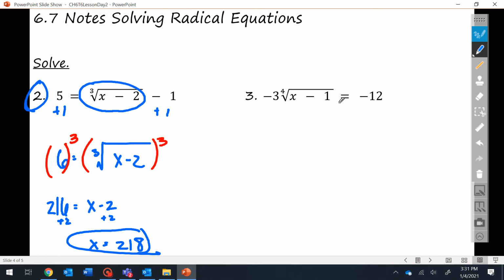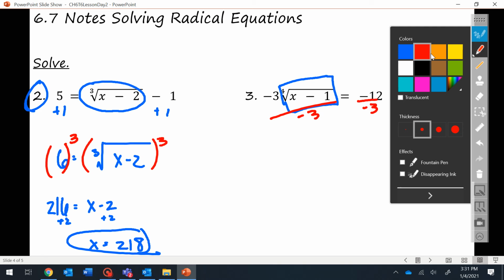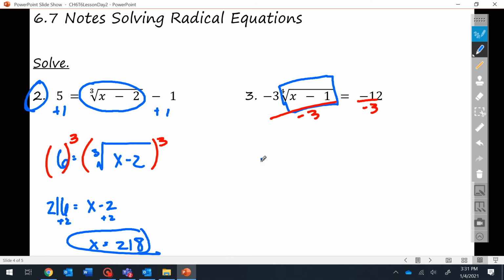Alright, let's take a look at number 3. So first of all, isolate the radical term. So we have a negative 3 on the outside, which means we're going to have to divide by negative 3 to get rid of that. We got the fourth root of x minus 1 is equal to negative 12 divided by negative 3, which is 4.